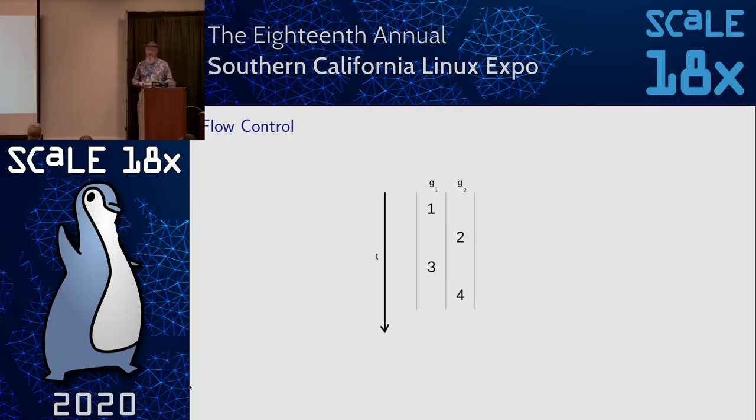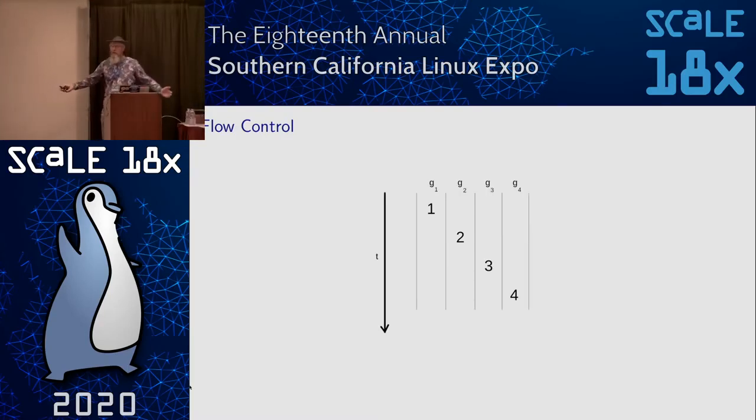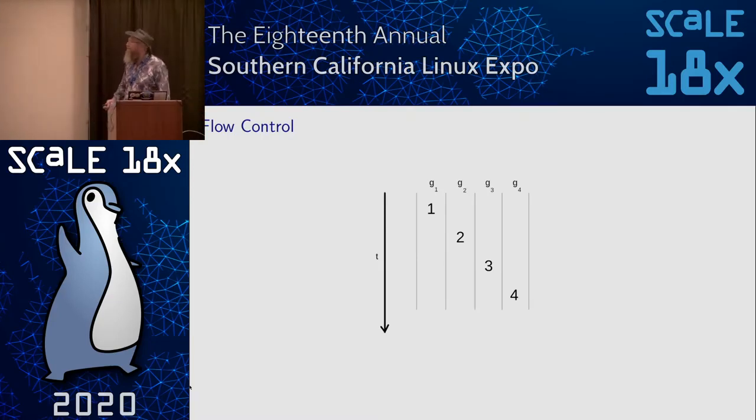So if you are on a fast link, join 2 multicast groups and get all of the data as fast as it'll come. And if you're on a slow link, just join one of the groups. Well, split it across 4, split it across 100, it doesn't matter. Remember that tree in the forest. If nobody's listening, no data is sent. If nobody's listening to G4, that doesn't happen. So this is one way of doing flow control.